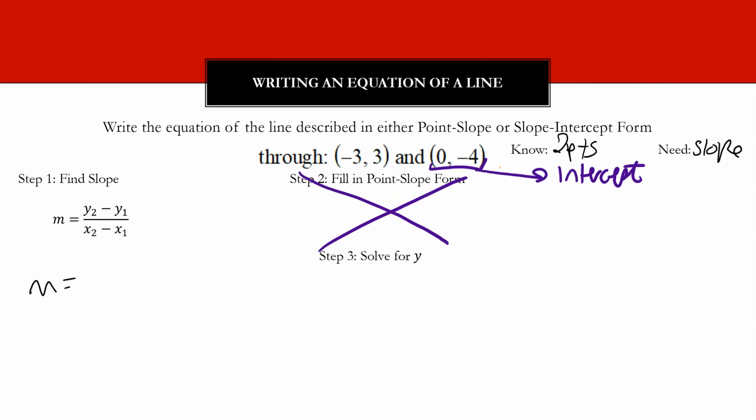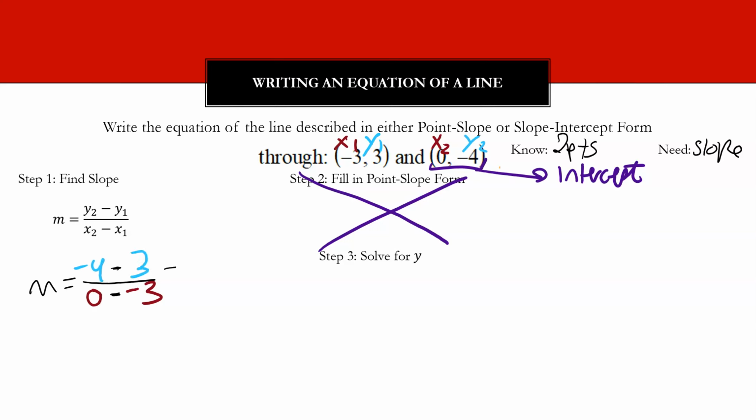So we're going to do m equals, and we're going to do the same thing as before. That part doesn't change. So -3 is x1, 0 is x2, so it's going to be 0 minus -3. 3 is y1 and -4 is y2, so it's going to be -4 minus 3.